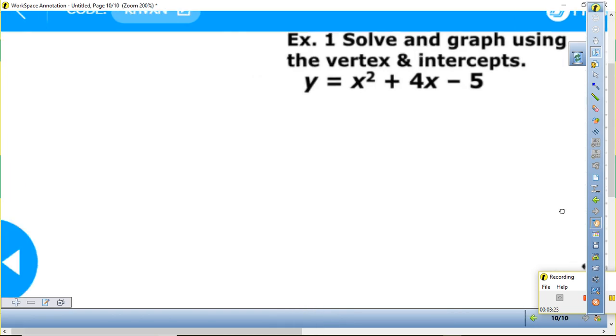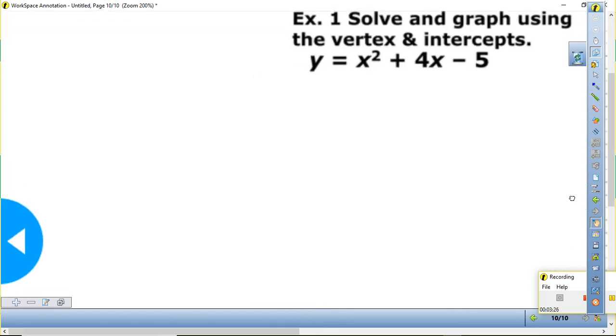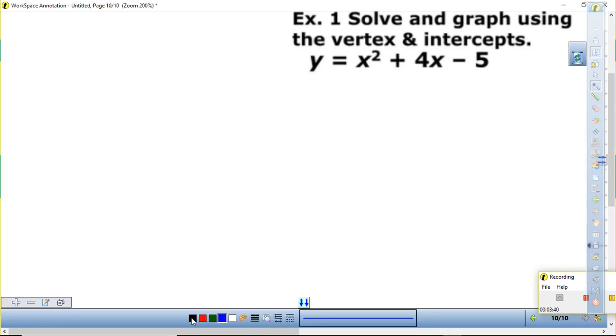It says, solve and graph using the vertex and the intercepts. We already know what the intercepts are. Is that correct? Okay. So before I get started, step 1 in solving a quadratic equation, everyone should know.